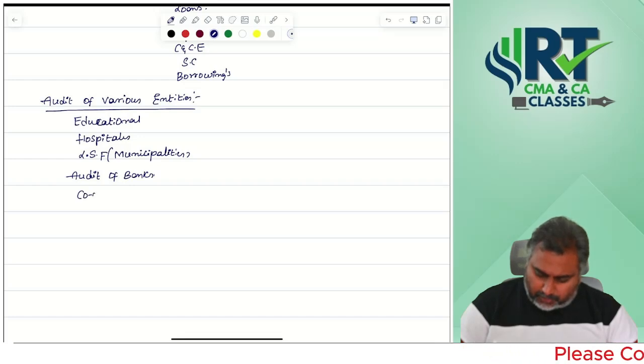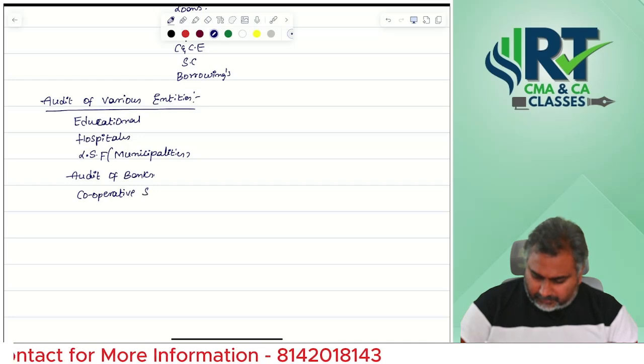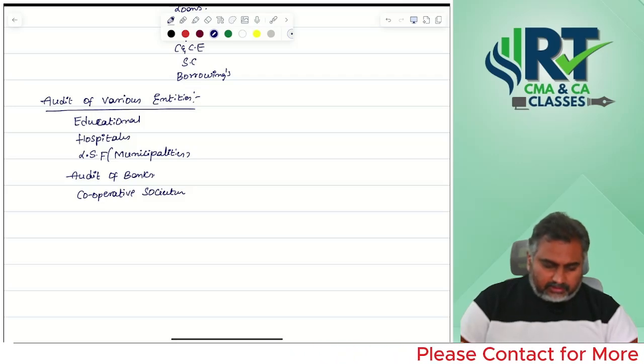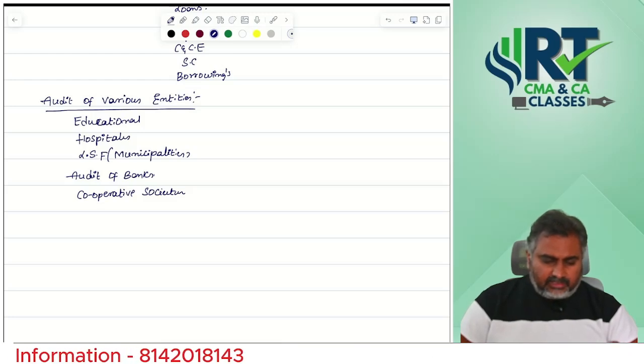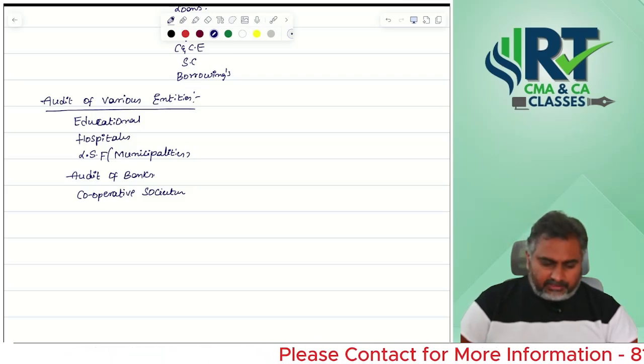Next, cooperative societies also you need to concentrate on. Who will appoint the auditor for cooperative societies? And what are the steps taken by cooperative societies from the audit point of view?